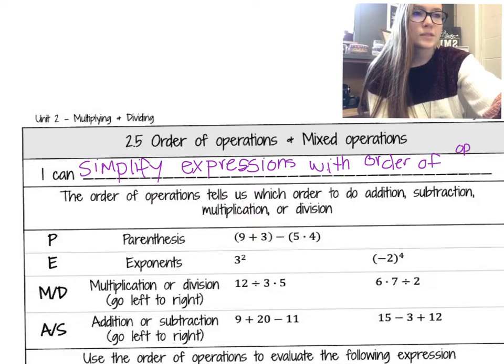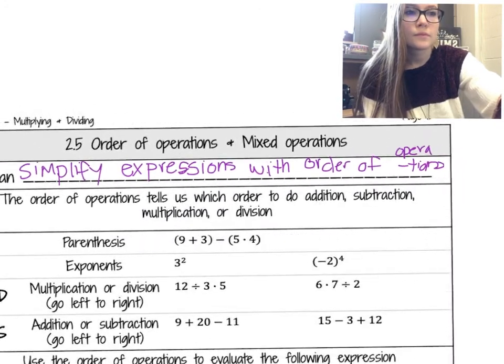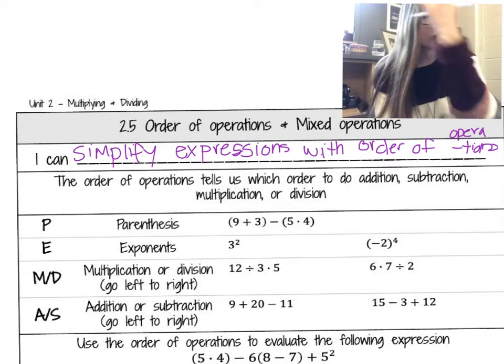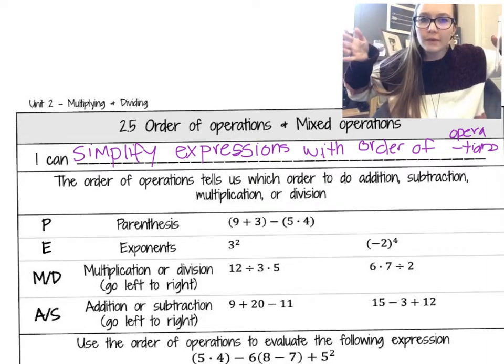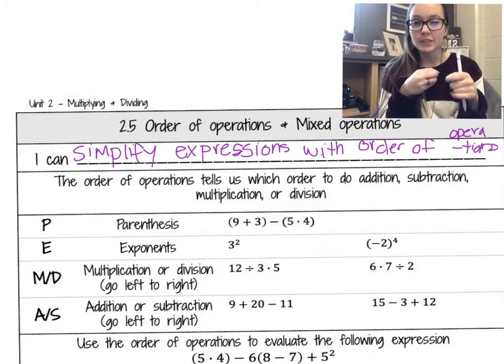Ooh, let's squeeze him in there. That says operations, okay? Just trust me. So, simplifying expressions. We're going to start with a long math problem and then do our order of operations steps to simplify it, make it easier to solve.